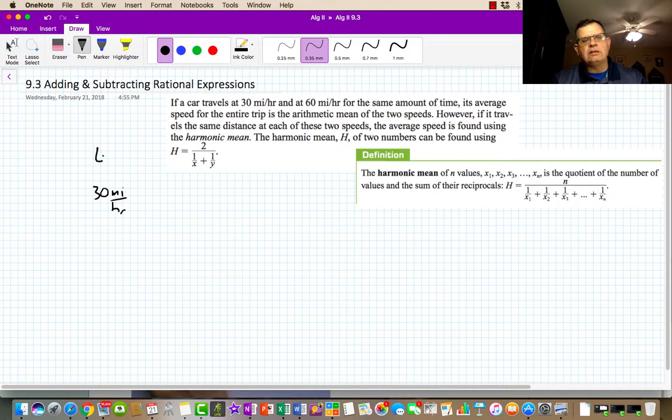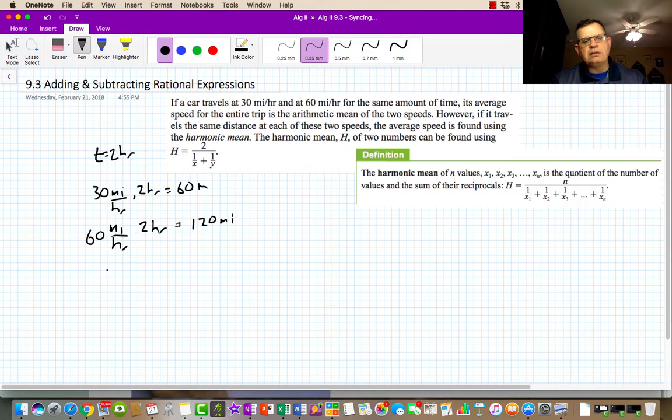Let's say you went for t equals 2 hours. That means that in 2 hours, you went 60 miles. And if you travel 60 miles per hour times 2 hours, that's equal to 120 miles.